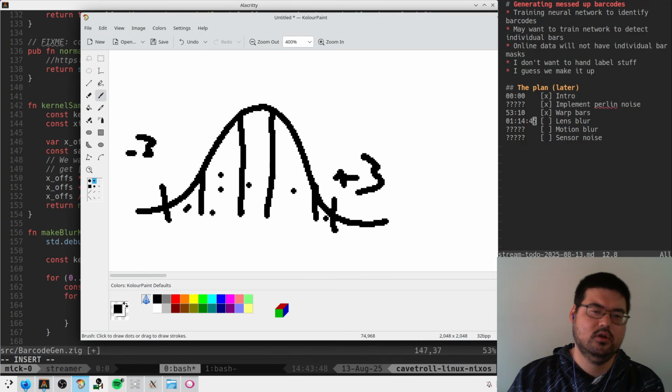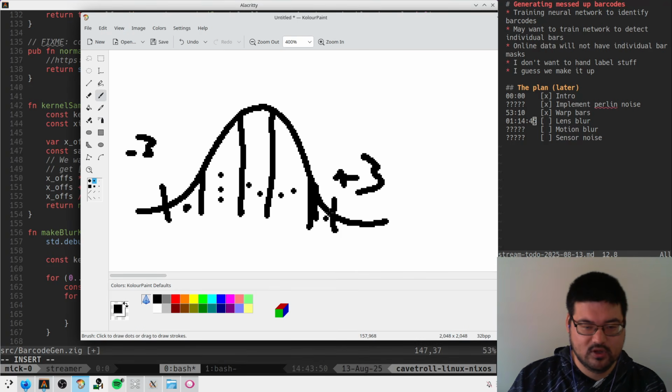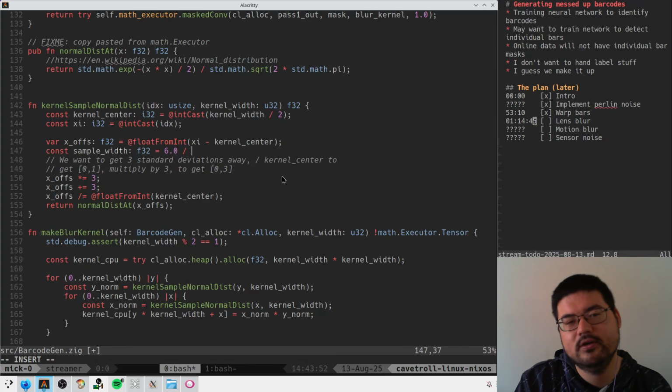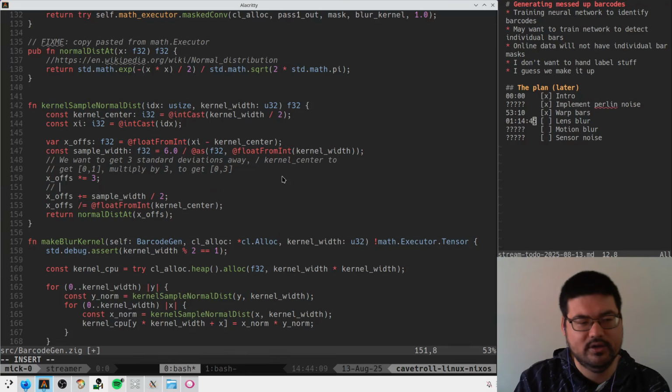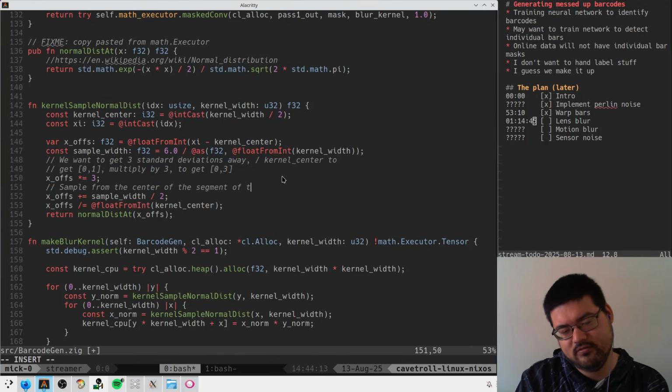Yeah, because the kernel width is like 5, so the width is one of these things. And then this guy is sample width over 2. Sample from the center of the segment of the Gaussian.